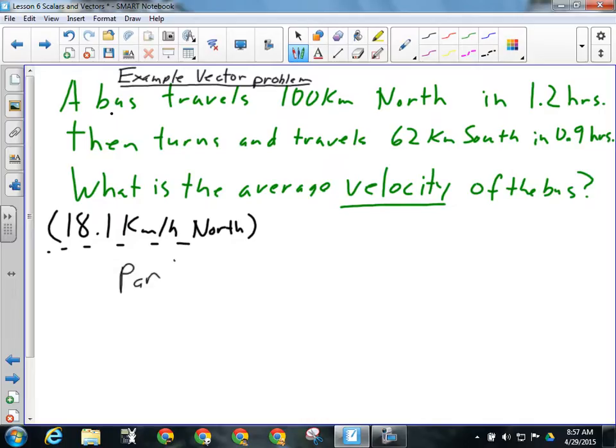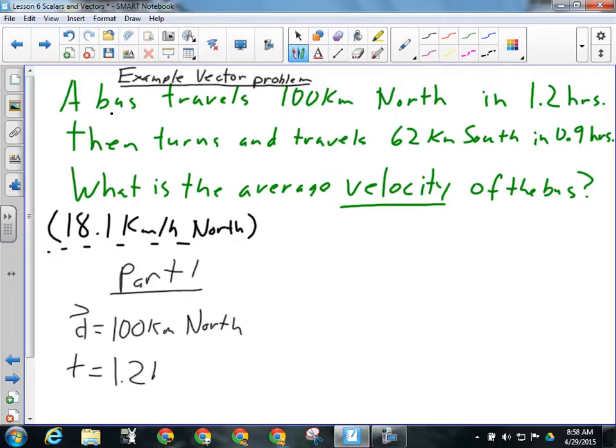So my givens for part 1 are that the displacement is 100 kilometers north. Right? And the time is 1.2 hours.